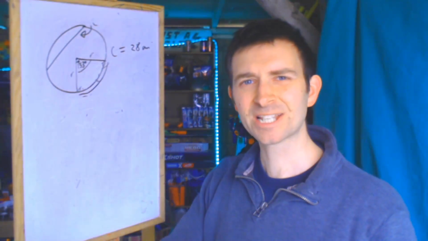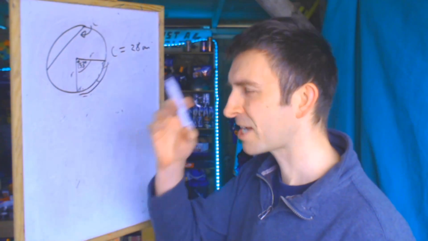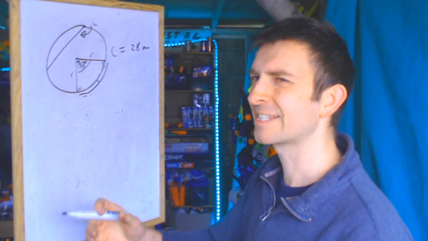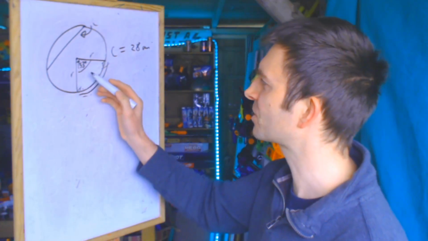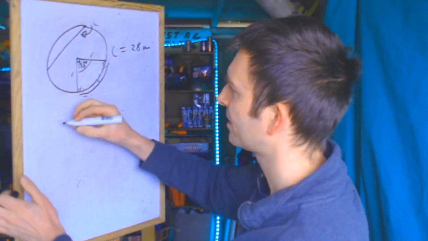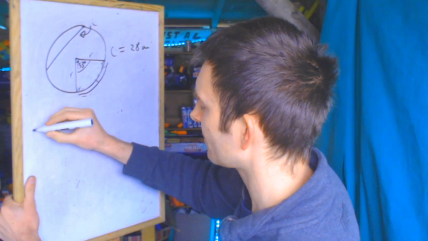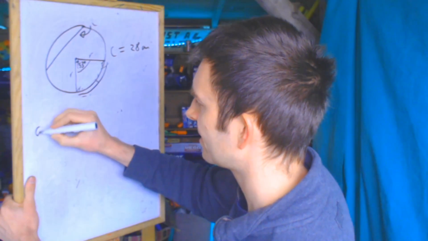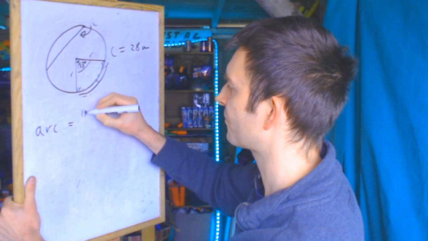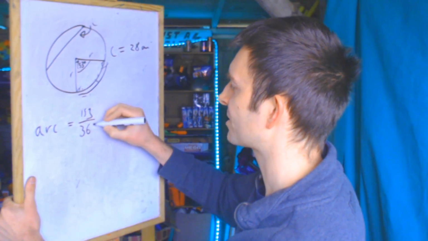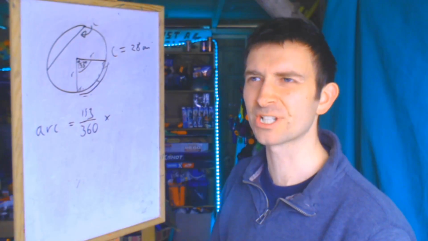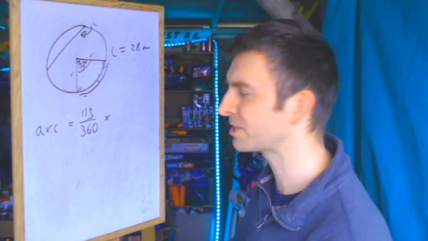So again, this is a level 6 question because you're having to separate this major minor arc thing out, but also it's a bit more of a complicated thing. So first thing we need to do is work out what proportion of the circumference this is going to be. Well, that's quite easy again. Let's call this the length of the arc. It is going to be 153 divided by 360 multiplied by the circumference. So for a level 6 question, it's actually quite easy. It's just remembering what you need to do.